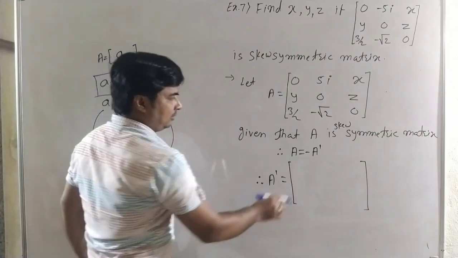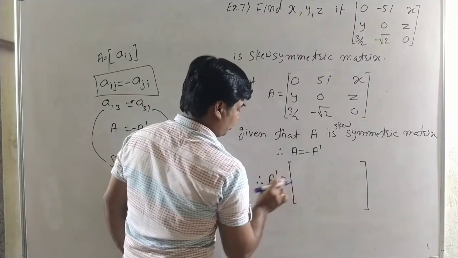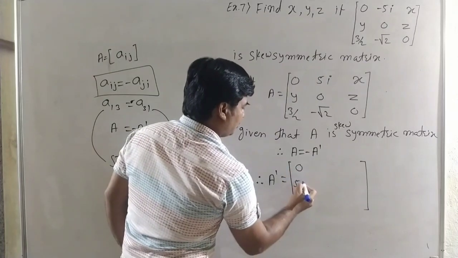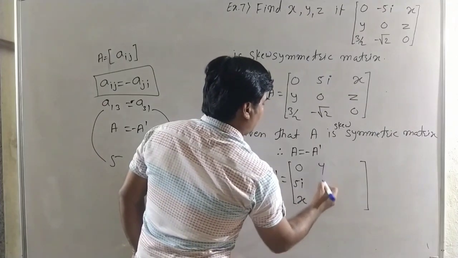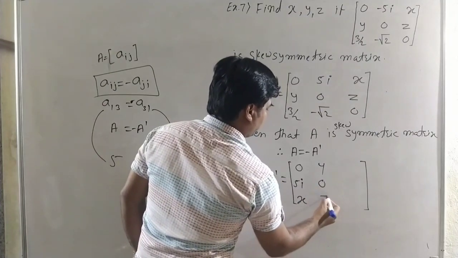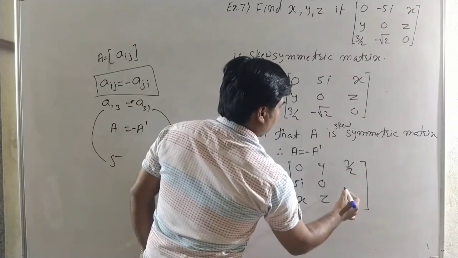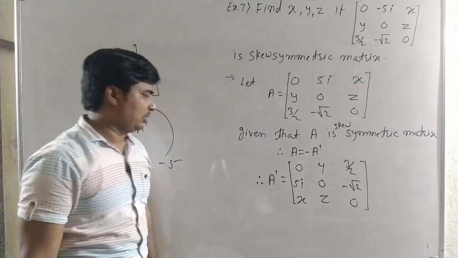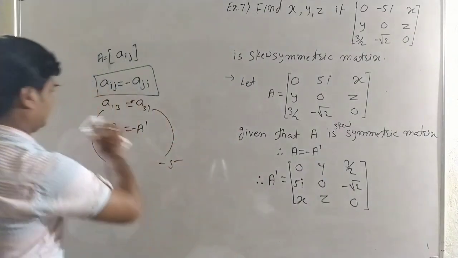So first we find A dash, that means the transpose. The transpose is 0, 5y, x; y, 0, z; and then 3 by 2, minus root 2, and 0. Okay, see carefully. Now we find minus A dash.